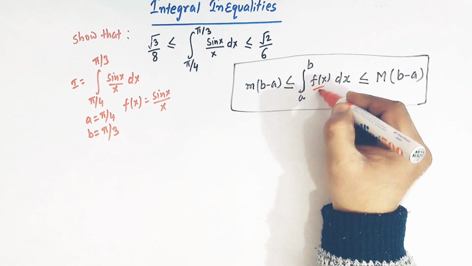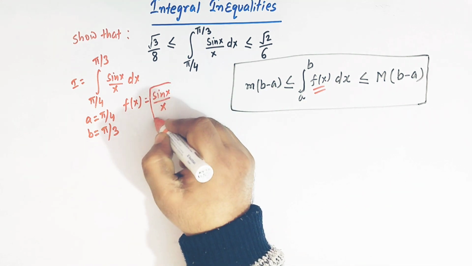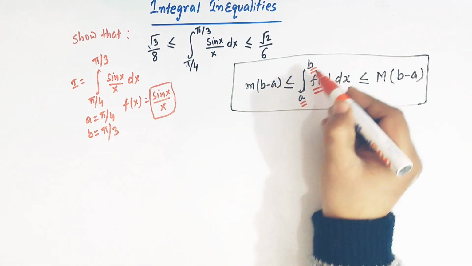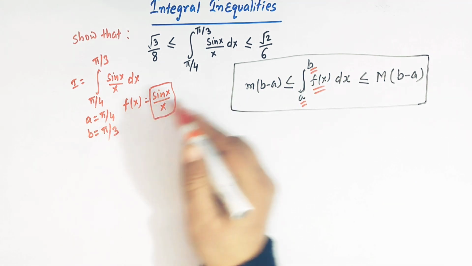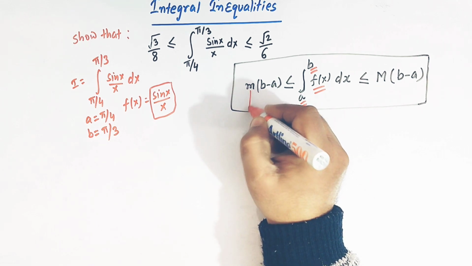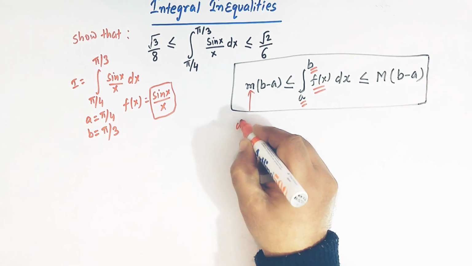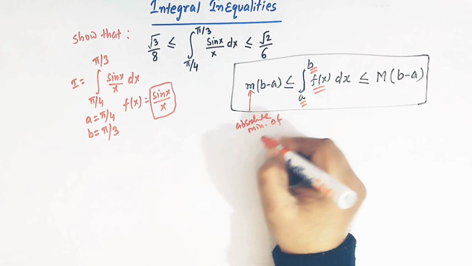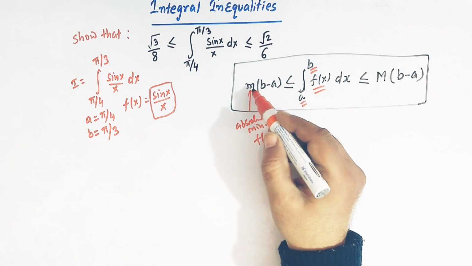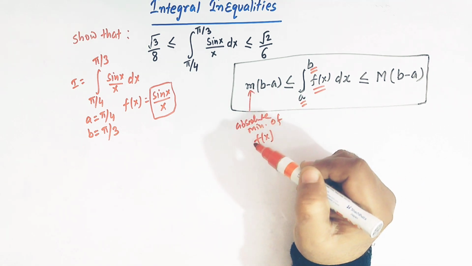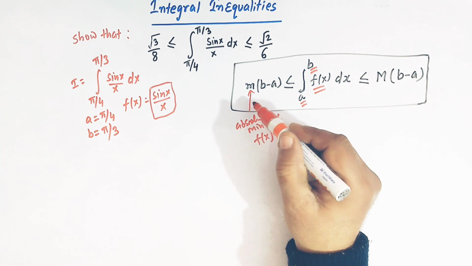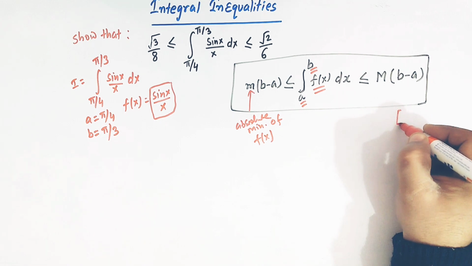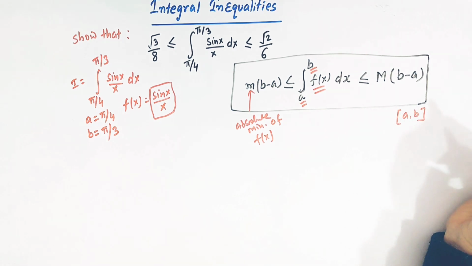So here this f of x is sine x over x, right? A is pi by 4, b is pi by 3, right? Now this small m is the absolute minimum of f of x, right? So the small m is the absolute minimum or the global minimum of this function f of x in the interval a comma b, right?